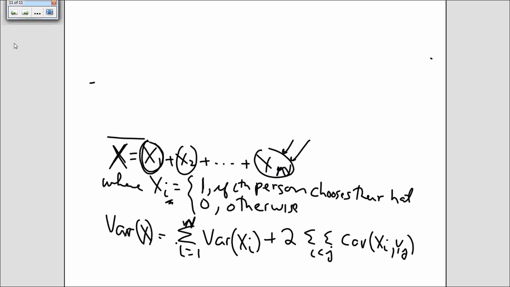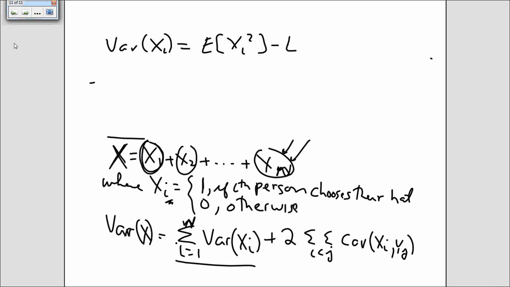So we're going to have to know, for example, what is the variance of Xi? Now, the variance of Xi, by definition, is E of Xi squared minus E of Xi, the whole thing squared.